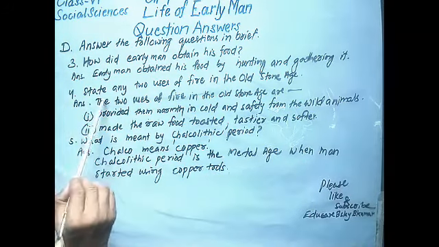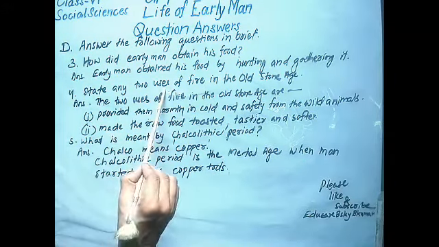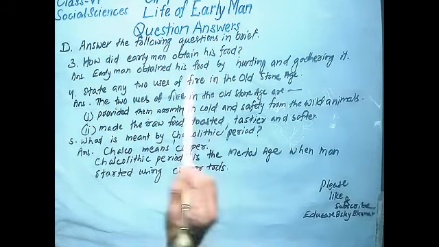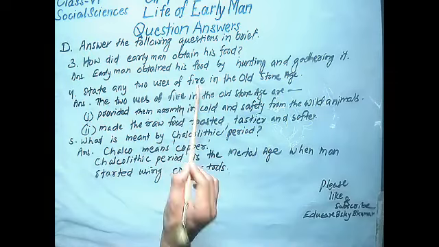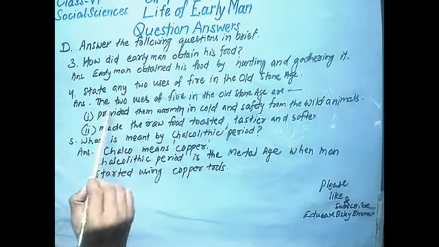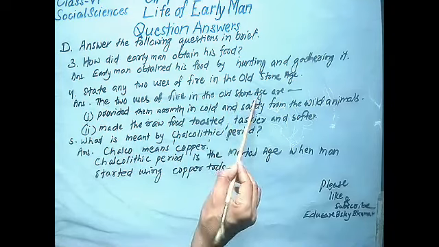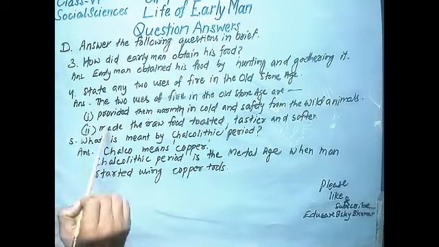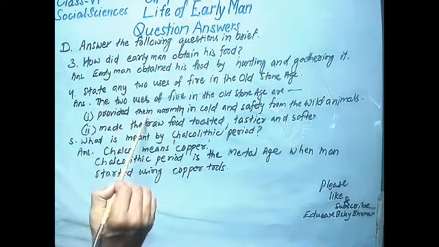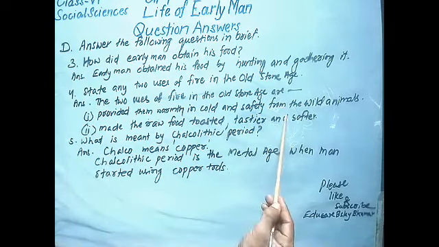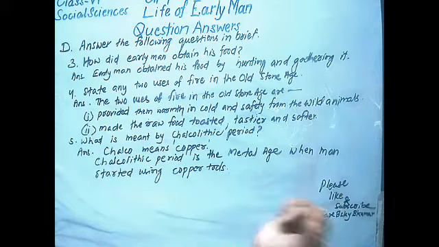Question 4. State any 2 uses of fire in the Old Stone Age. Answer: the 2 uses of fire in the Old Stone Age are, first, it provided them warmth in cold and safety from wild animals.